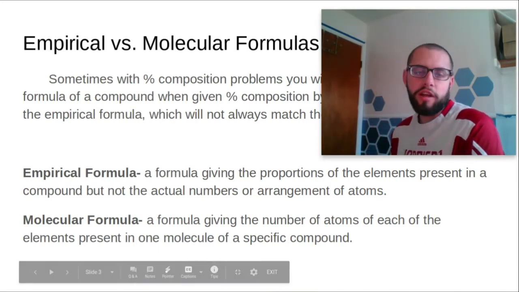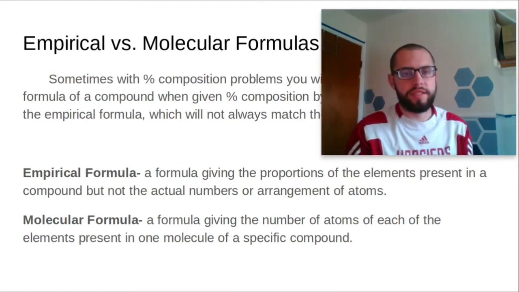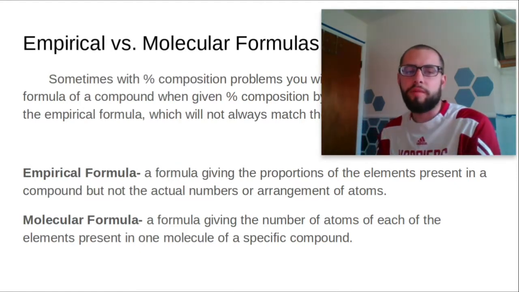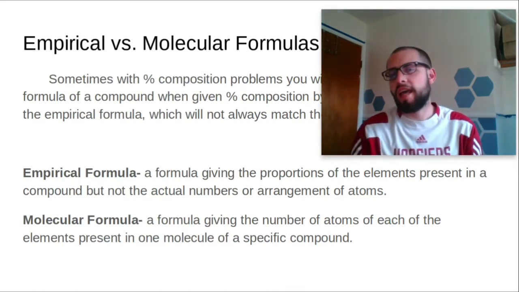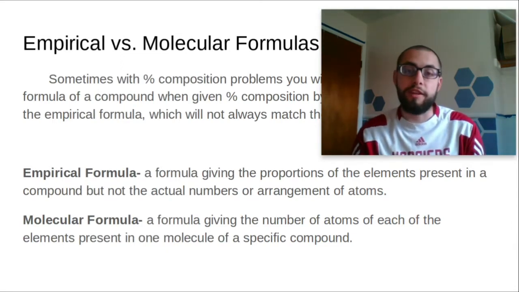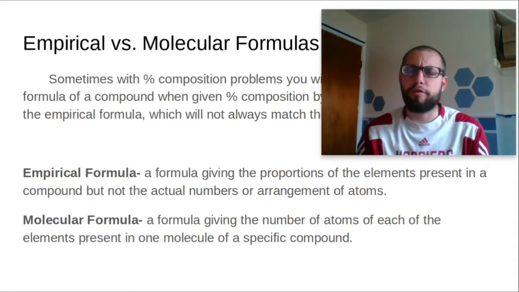The empirical formula is less specific. The empirical formula will tell us the proportions of the elements present in a given compound. It won't tell us the exact number of each atom of each element. It'll only tell us the ratio, the proportion.